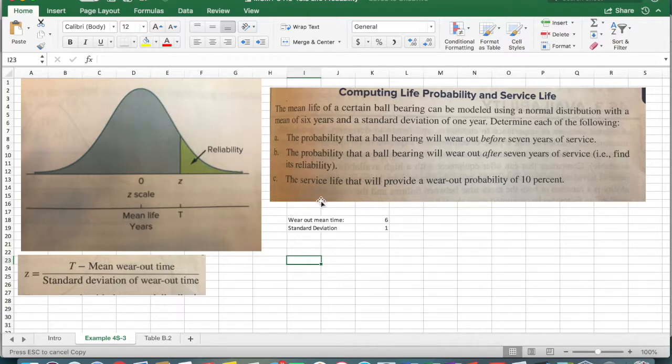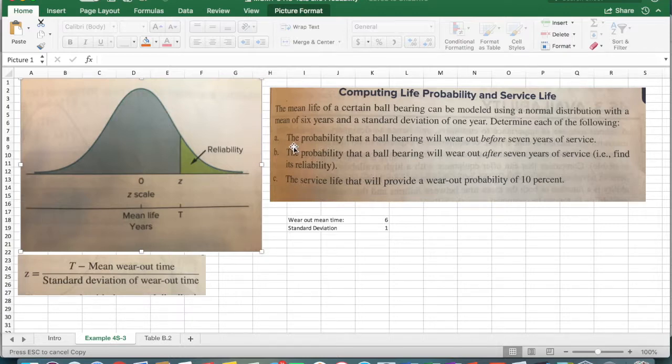The mean wear out time is 6 years, and the standard deviation is 1 year. So half of these ball bearings will wear out before 6 years, and half will wear out after 6 years, with the greatest quantity wearing out at the 6-year point.